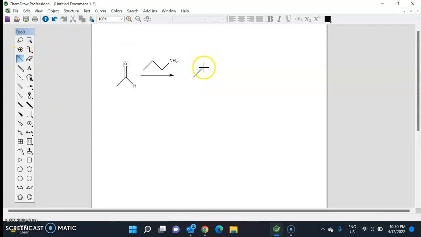with our carbon attachments, and then we'll have our nitrogen, and that will be double bonded to our original carbon that was in the carbonyl group.